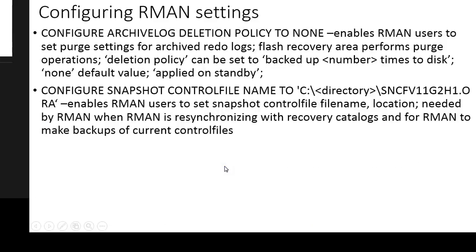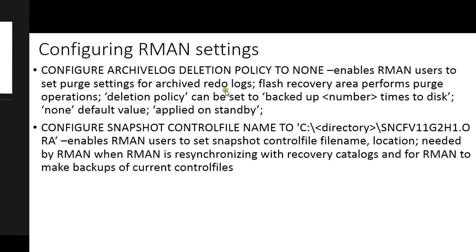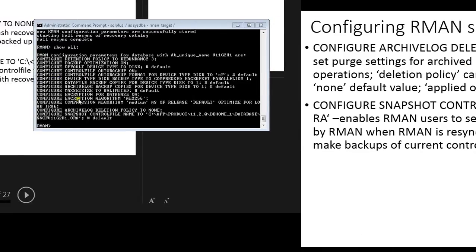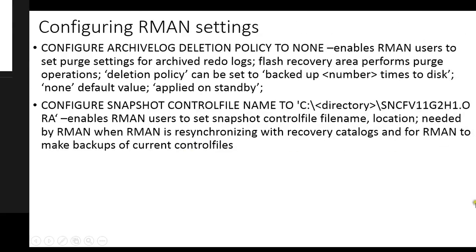Go to the next slide, and here you're able to configure your archive log deletion policy. So if I want to delete my archive logs after a particular period of time, this is a purge operation that's going to be taken. You don't have to be involved. It's going to take place based on this configuration.